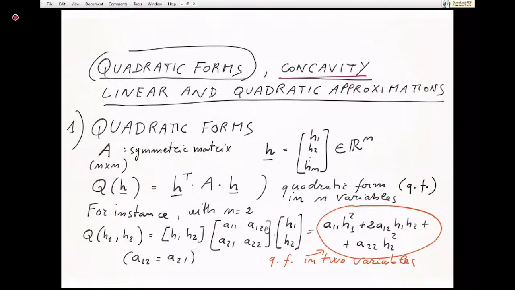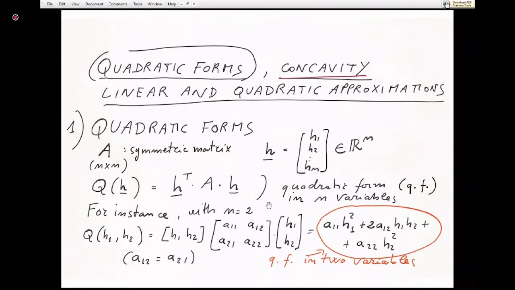So look at this. These quantities depend on our matrix A, the entries in this matrix, and of course, they depend on h1 and h2. But these are given, these are numbers in our model, and these are variables, okay? They can vary because they are variables.